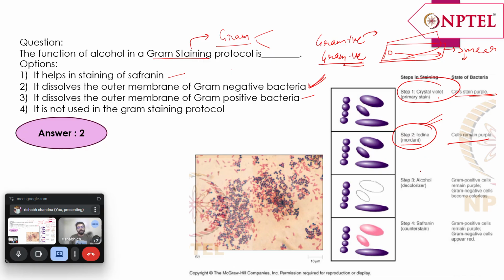Now we put an alcohol, that is a decolorizer. If we put the alcohol, the membrane that is present outside the cell wall will disappear.